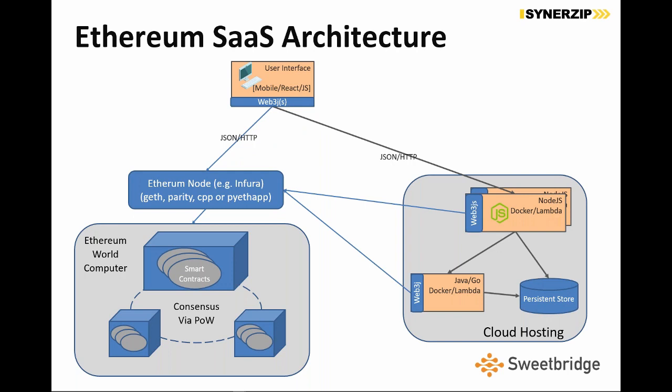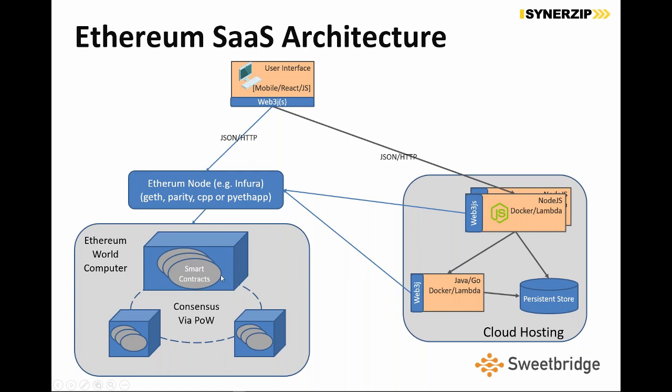So now you've complemented the blockchain with what I would call a software-as-a-service type environment. We tend to run in Amazon, or you can run in Azure or one of the other cloud systems. And we build out Node.js using Docker or Lambda, again using the same library that can interact through Infura and get access to the smart contracts.